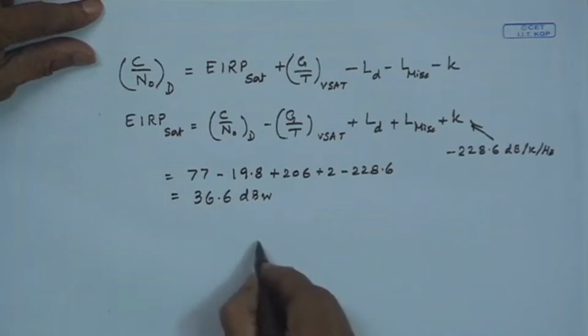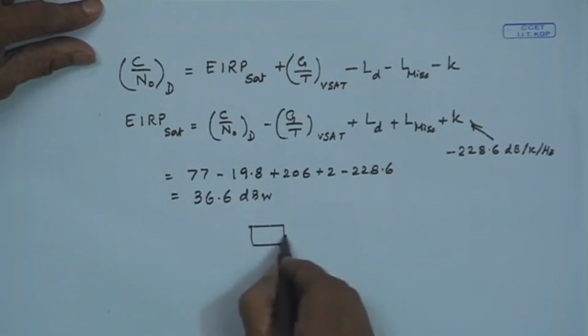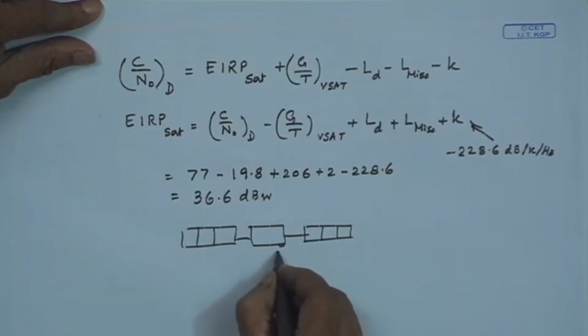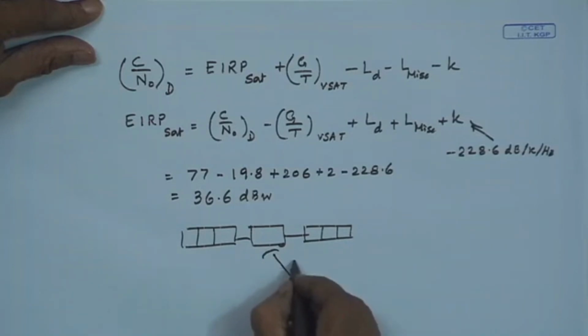Now we know the satellite EIRP. This side is known, that is the downlink.